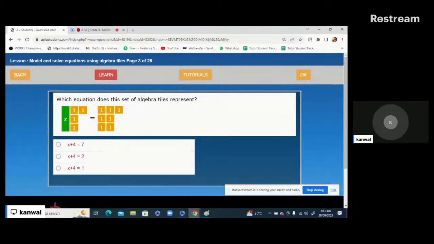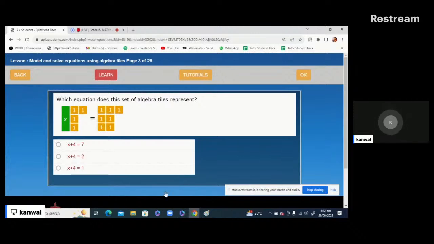Then which equation does this set of algebraic tiles represent? Here is x. 1, 2, 3, 4. x with the 4. That is equal to how much? Count it. 1, 2, 3, 4, 5, 6, and 7.